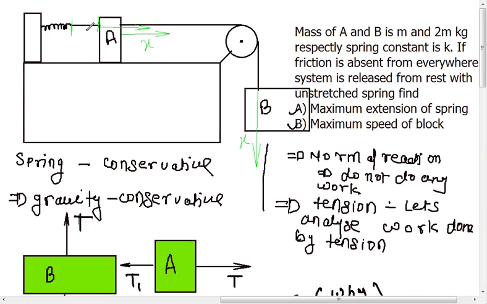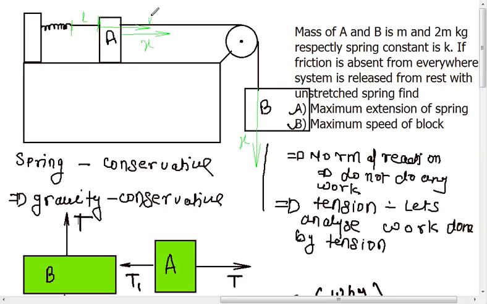So this end also moves by amount x. Okay, let me draw. Let's suppose this length is L, and this length is L. This A reached here.